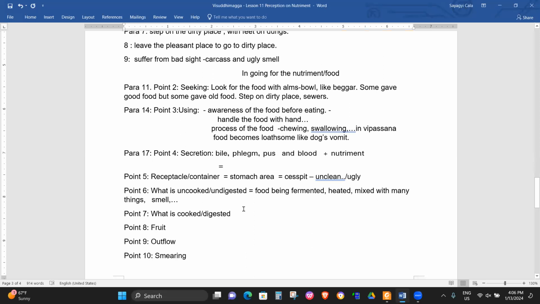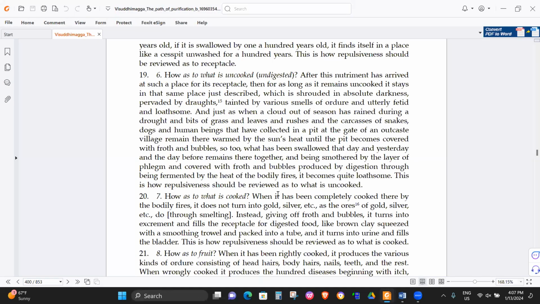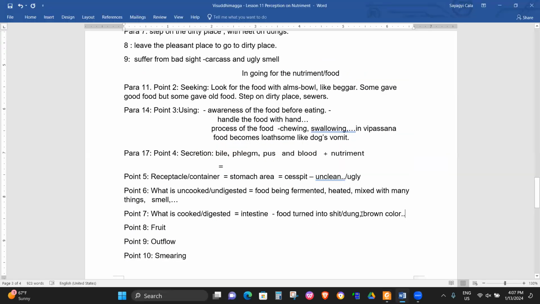This process is talking about what happens in the intestine, after the food is digested. The food turned into dung, with a brown color, and of course it didn't mention the smell, but dung has its own smell, right? And then urine also.